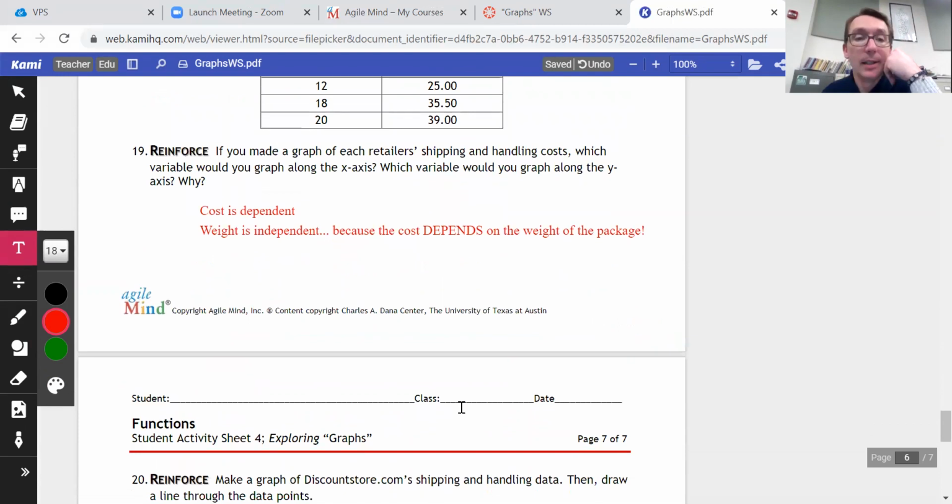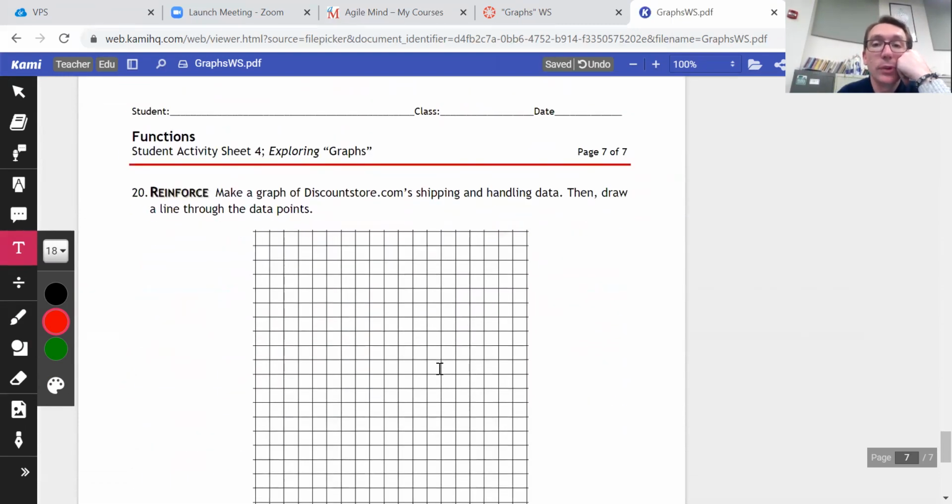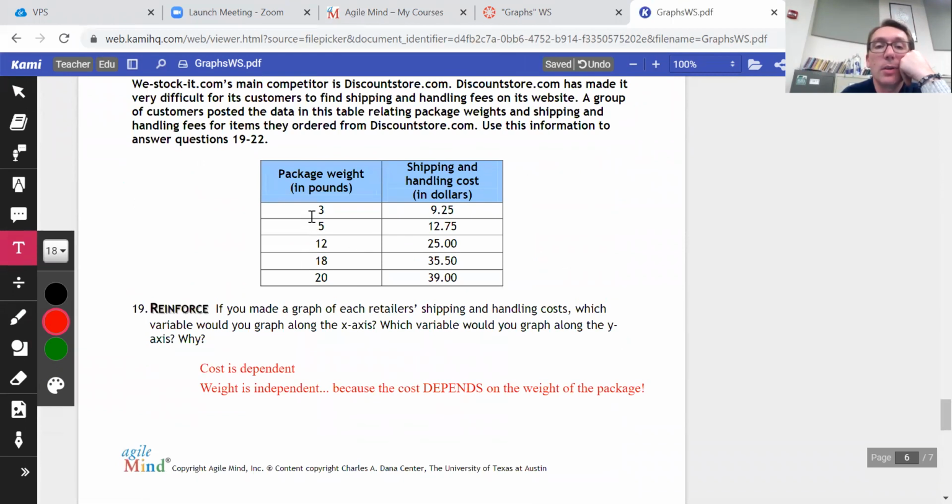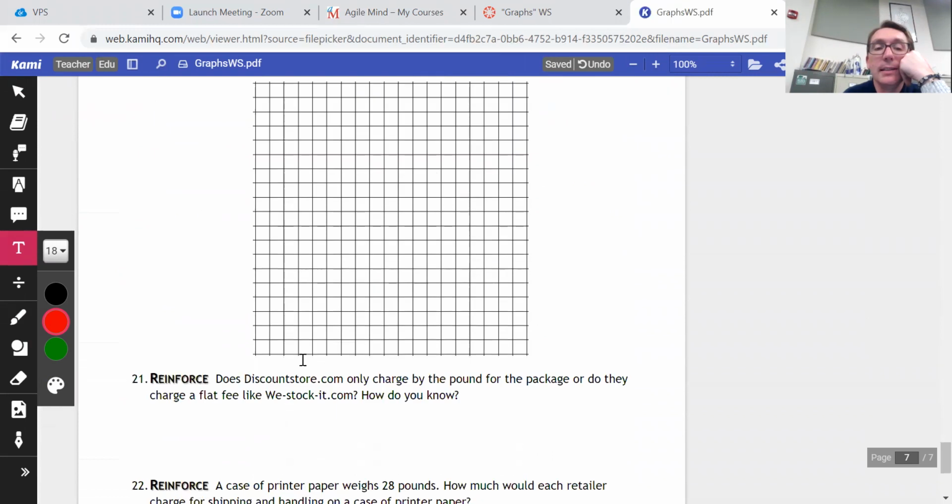Great. So now we're going to have to make a graph of it. Oof. And we're going to draw things. So let's look at these numbers. We got numbers that go up to 20. We got numbers that go up to 40. That's easy: 1, 2, 3, 4, 5, and so on up to 19. Oh, looks like we're going to have to count by twos: 2, 4, 6, 8, 10, and it'll be fine.